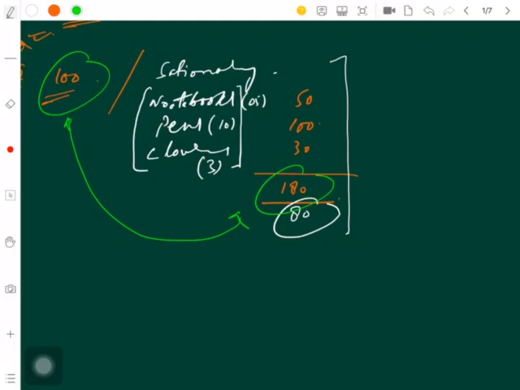He will do one thing. For the time being, he will buy only 3 notebooks for 30 rupees. He will buy 5 pens for 50 rupees, and he will buy only 2 colors for 20 rupees.